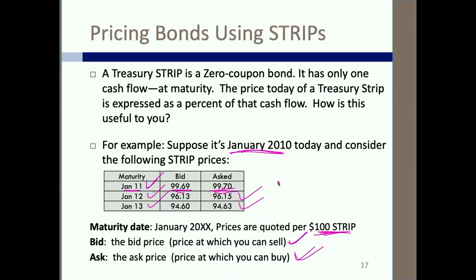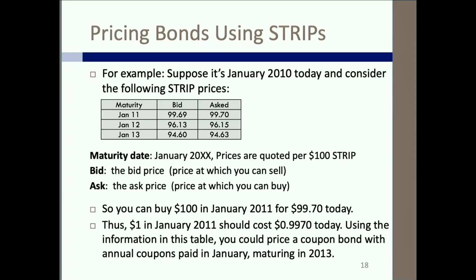Okay, so that's how the quotation works. Just to recap, you can buy $100 in January 2011 for $99.70 today. So for every dollar at maturity in January 2011, it should cost 0.9970 today.